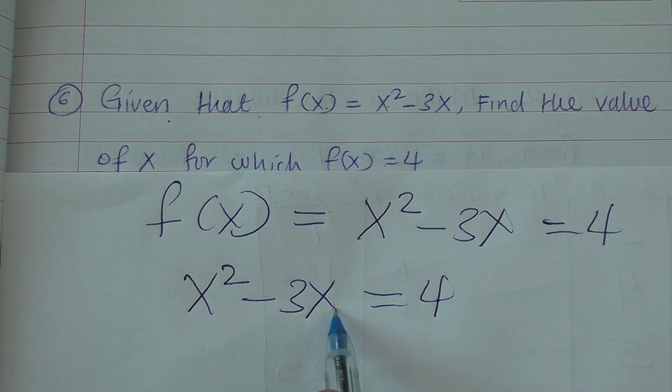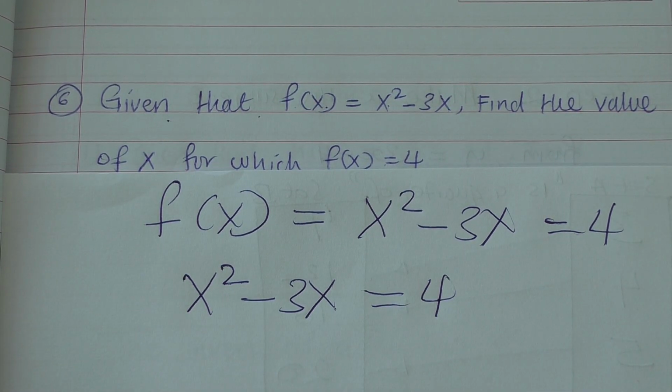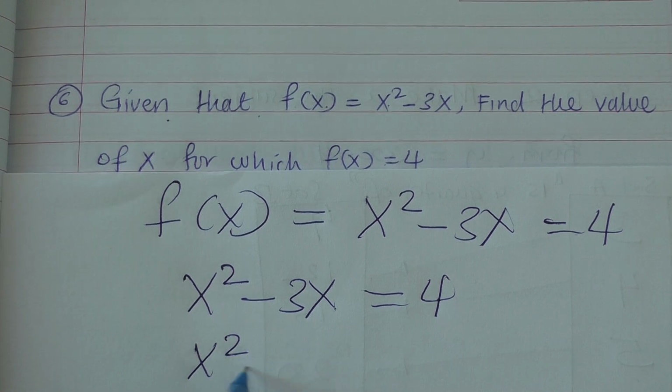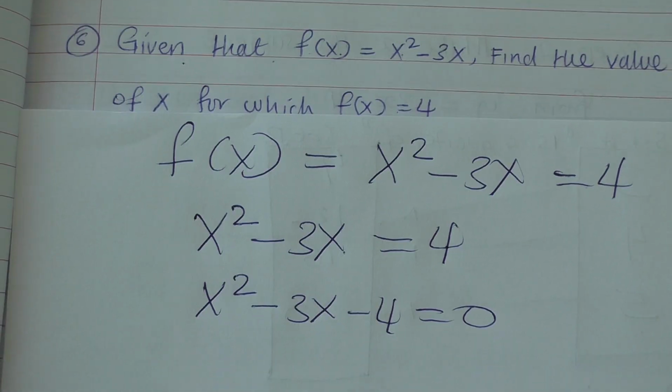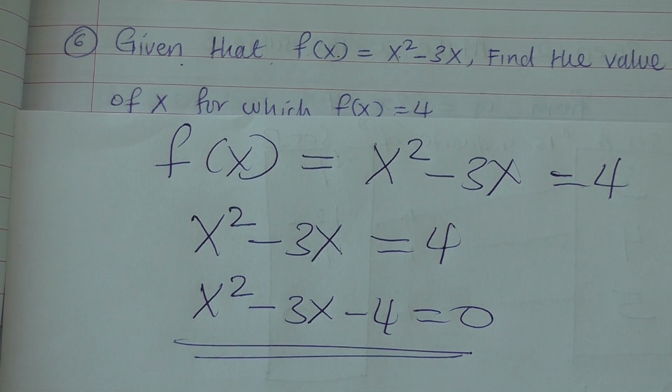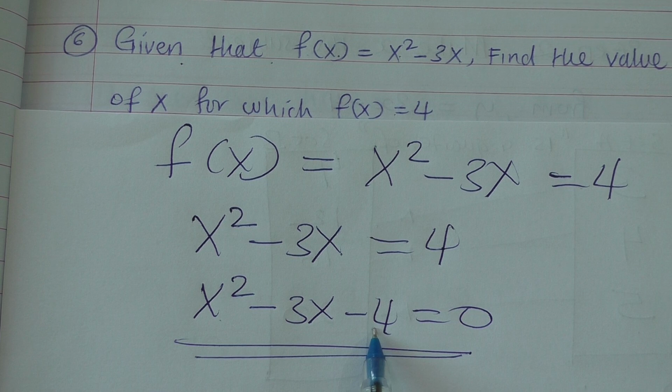We take 4 to the other side to get a quadratic equation, which is x squared minus 3x minus 4 equals 0. Then solve this either by factorization, completing the square, using the quadratic formula, the one you call bulldozer, or any convenient method to get the values of x.